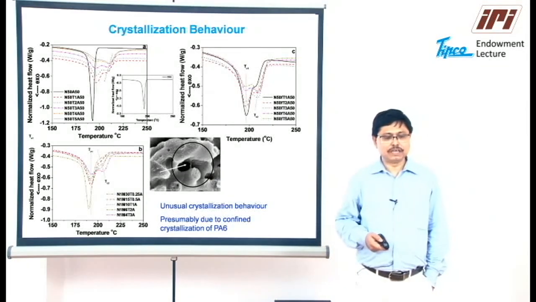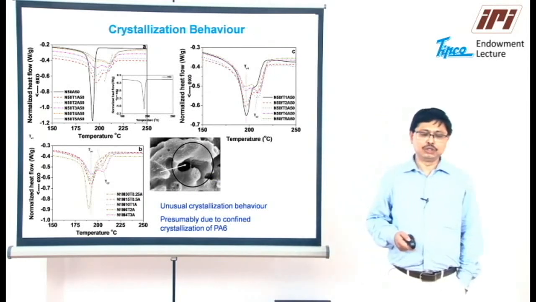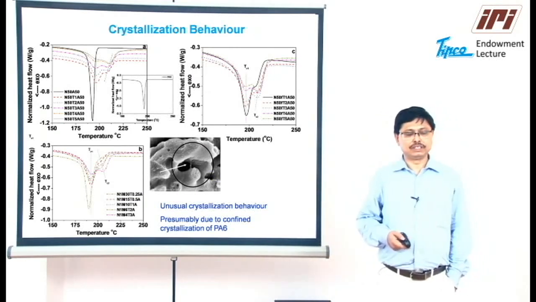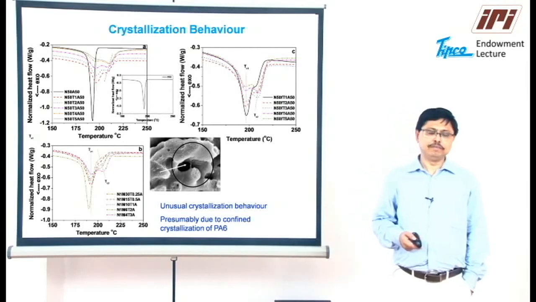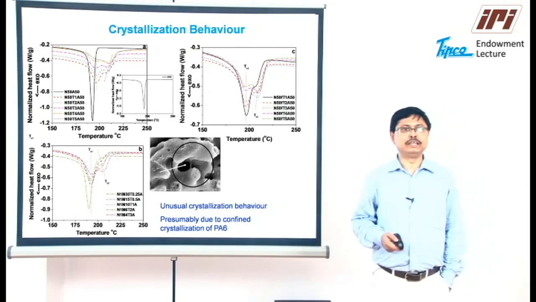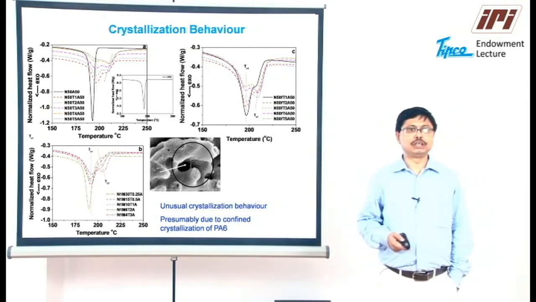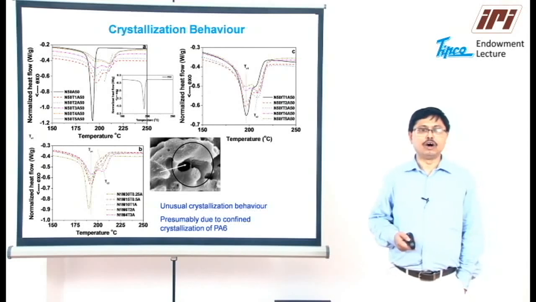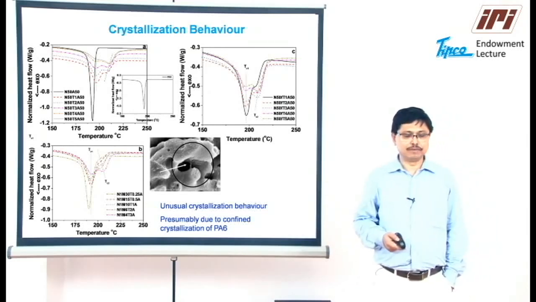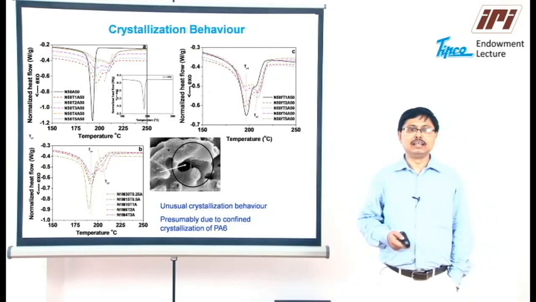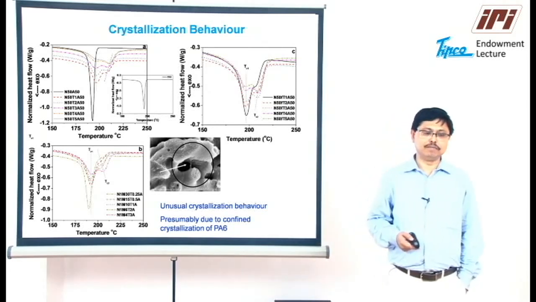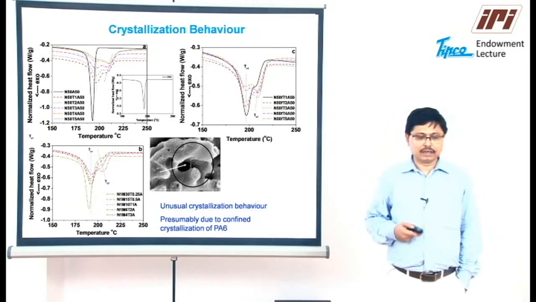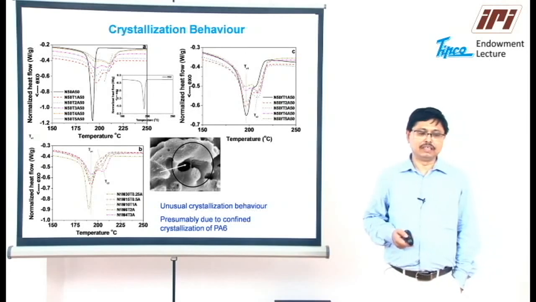The crystallization behavior suggests that there is an unusual crystallization behavior in the presence of multi-wall carbon nanotubes, irrespective of the type of multi-wall carbon nanotube, whether it is purified, functionalized, or NaHA modified carbon nanotubes. One can find two crystallization peaks as opposed to one crystallization peak in the bulk. There are a number of literature reports in this connection.